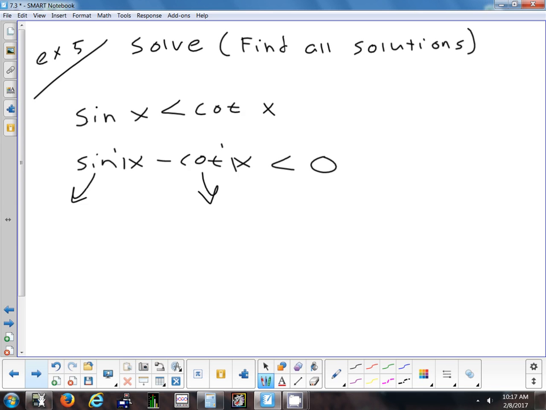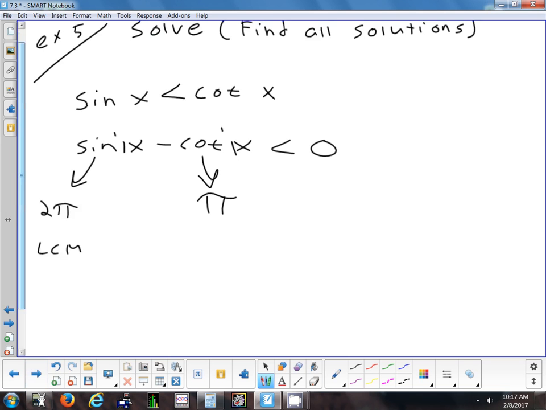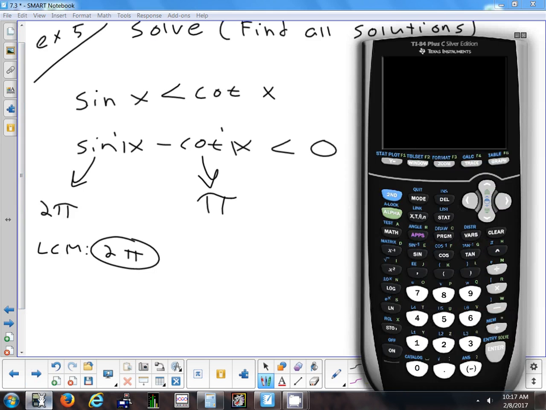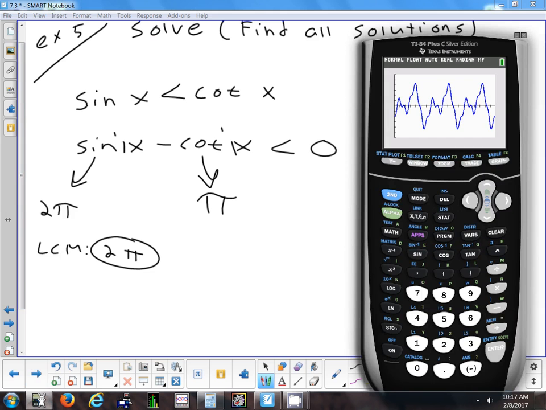What's the period of sine? And the period of cotangent? Pi. Remember, if you look back at your chart, it's cotangent to an odd power. Okay, period's pi. The LCM? 2 pi. So now I'm going to set up my window so that I go from 0 to 2 pi.